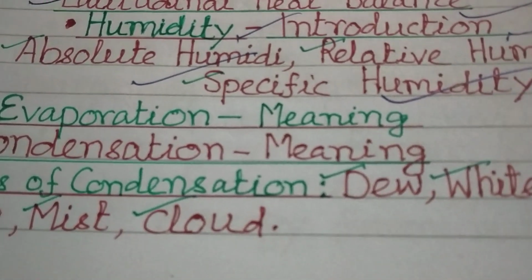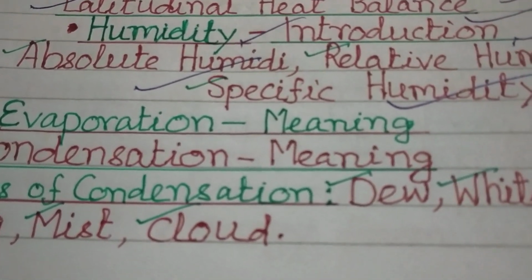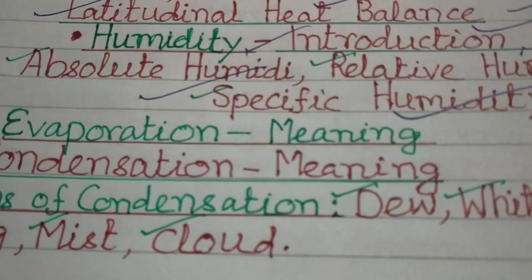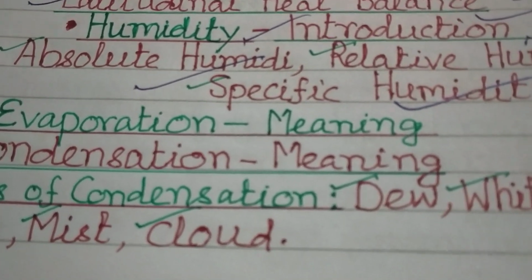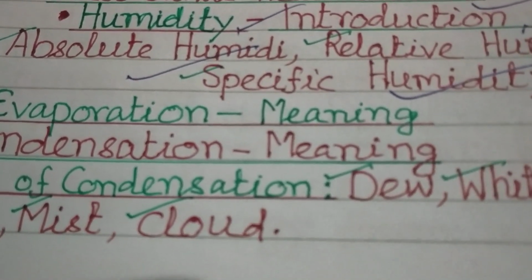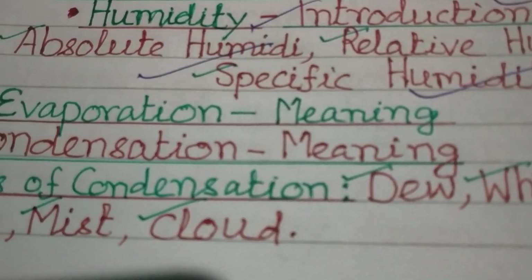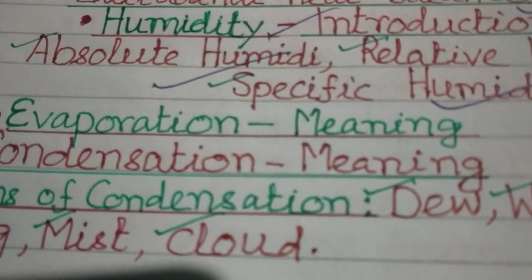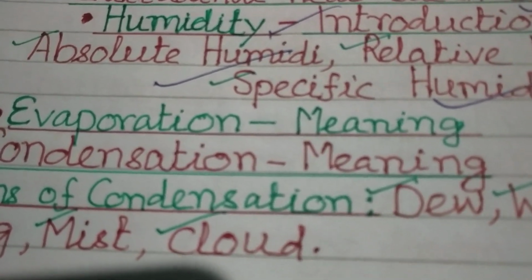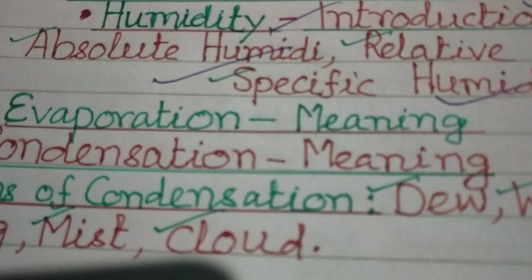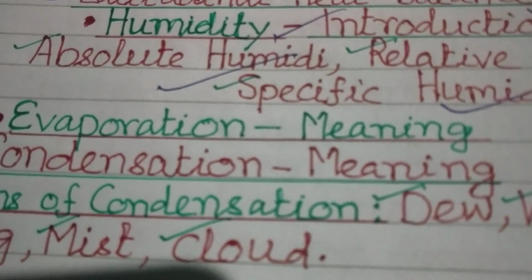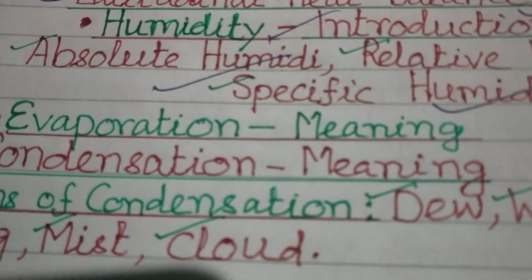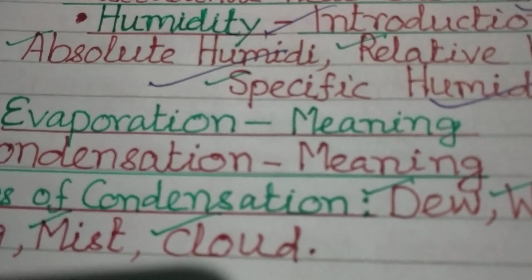So humidity is the general term which describes the invisible amount of water vapor present in the air. It is a highly variable climatic factor which forms only a small proportion, varying from 0 to 4% and averaging around 2% in the atmosphere.